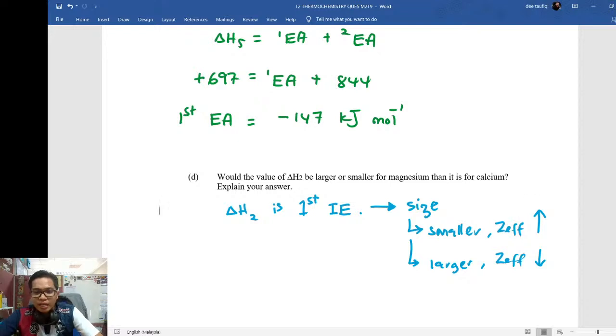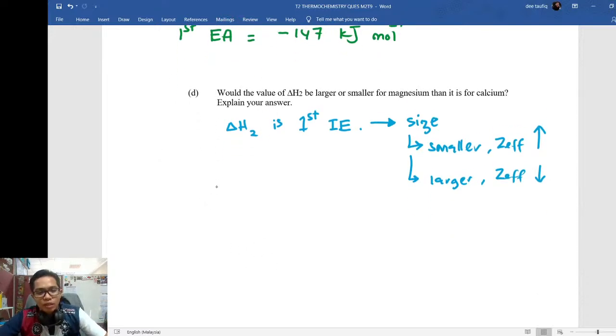Stronger effective nuclear charge means higher IE, weaker means lower IE. So magnesium and calcium, which one is bigger in size? You refer back to the list at the front of the element table.